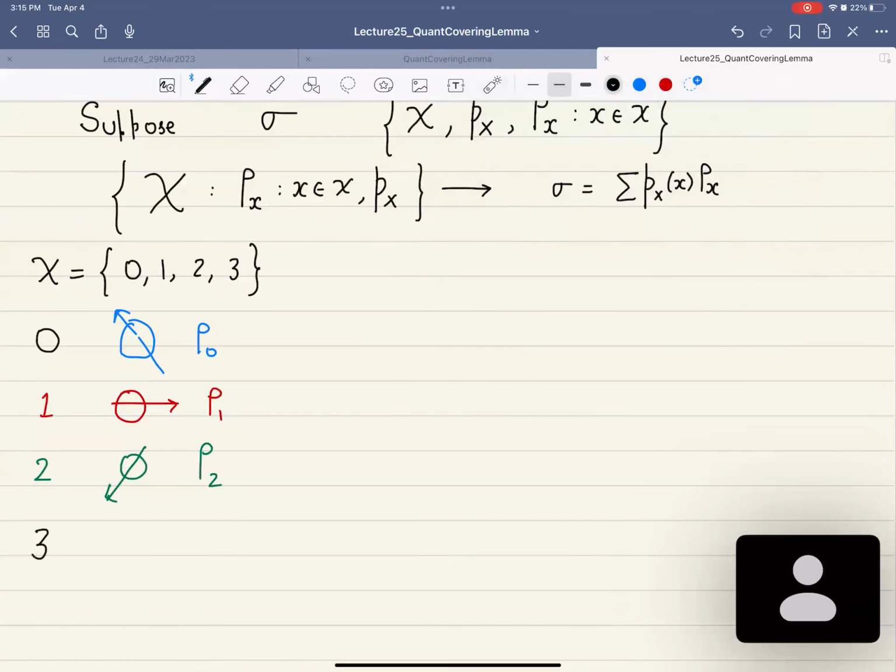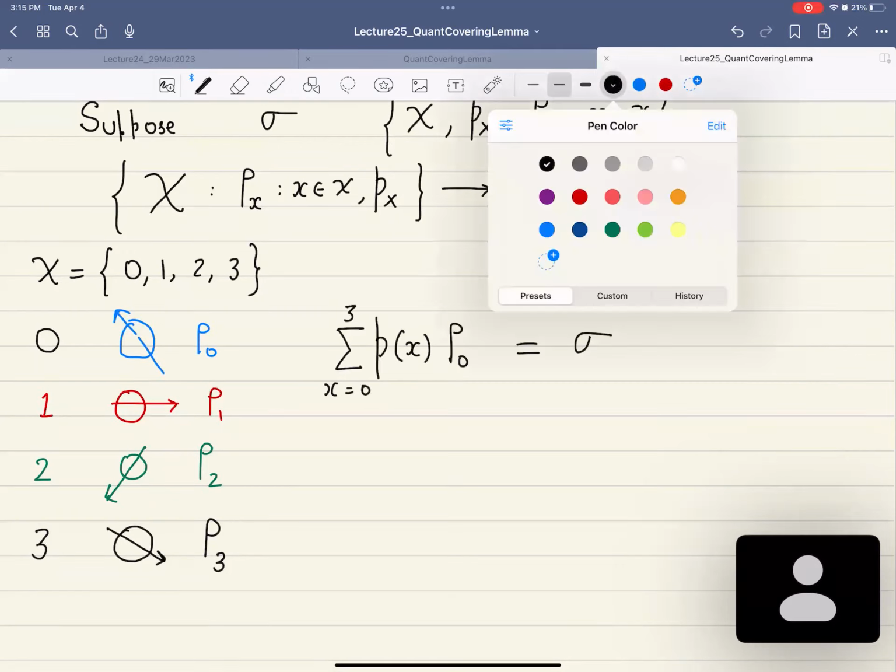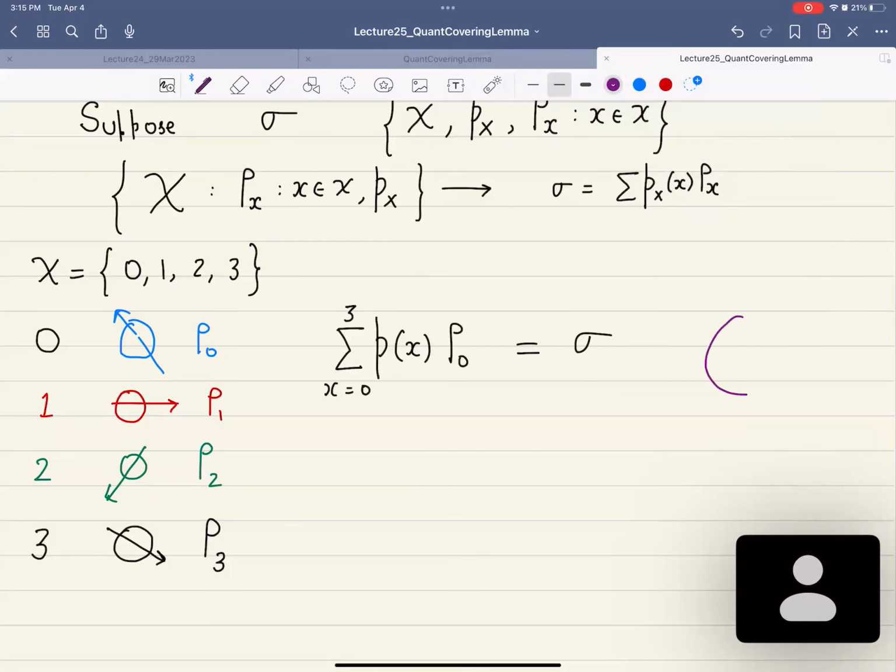So there are 4 possible indices, and I have 4 quantum states. I will pick some distribution P of X, X is 0 to 3. So what am I doing? The mixture, this is sigma. Sigma is, say, this state.